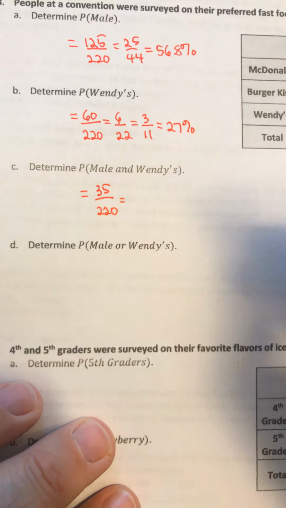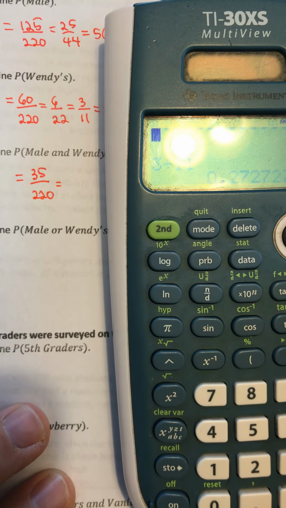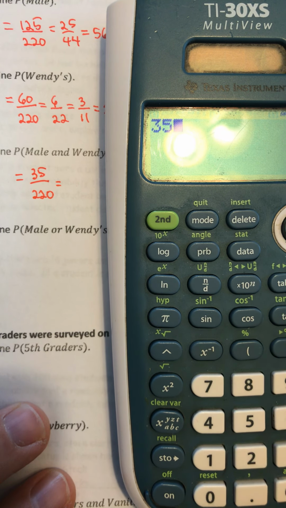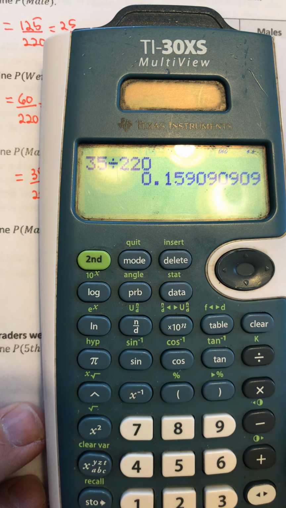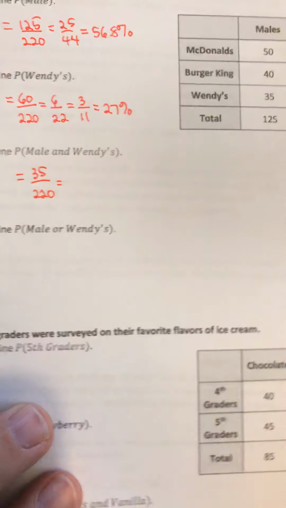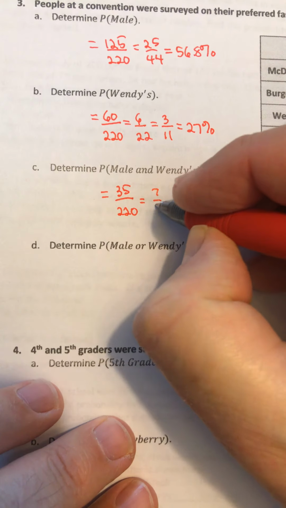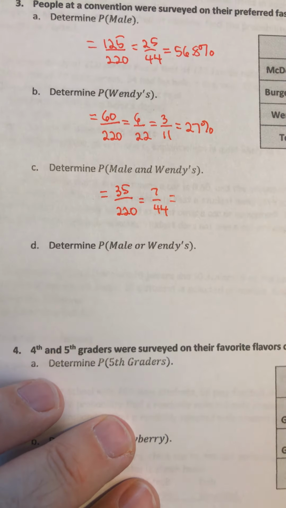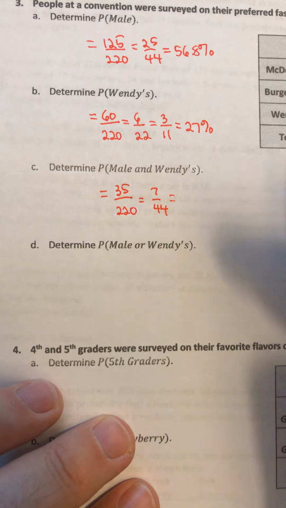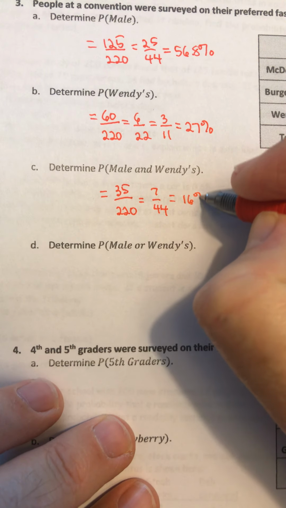So I take my wonderful calculator that I got in the beginning of the year because I knew it was going to help a lot. And that's 15.9 or 16% if I want to call it, or 7 over 44, depending on how I'm going to ask you on the quiz on Friday. So I'd say 16%.